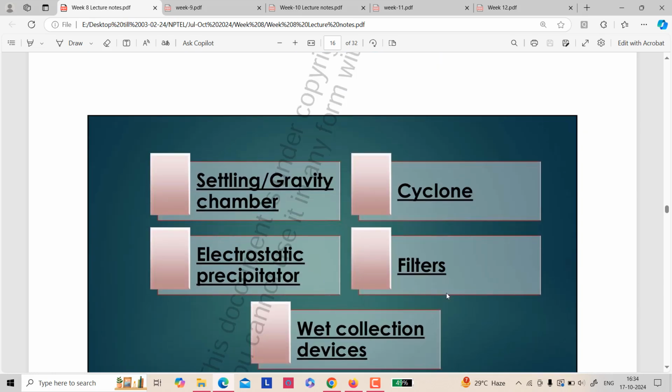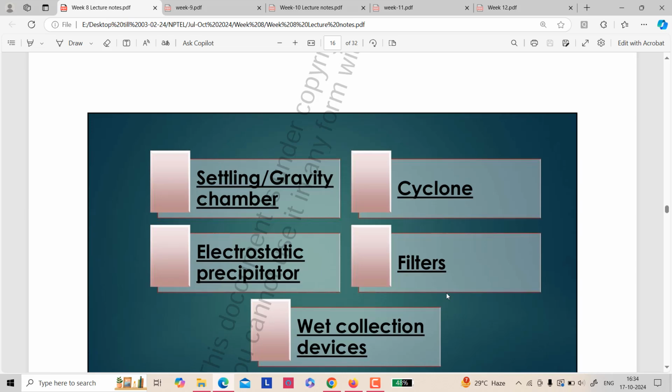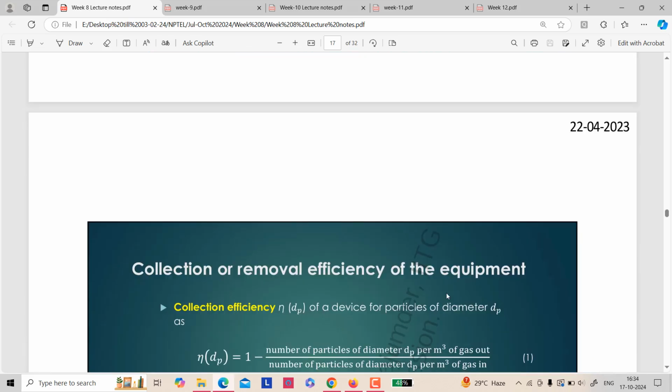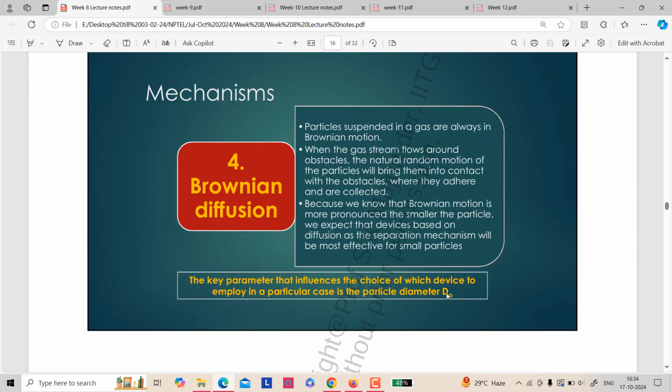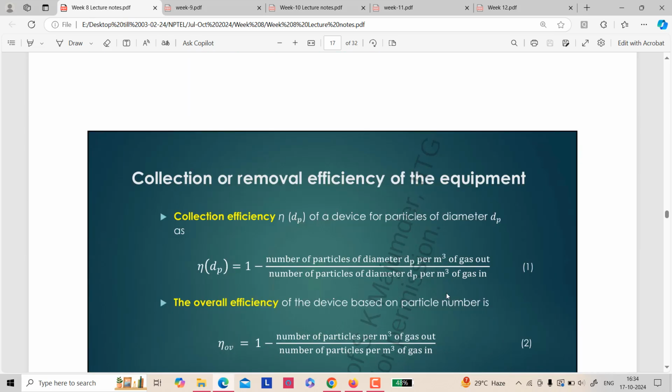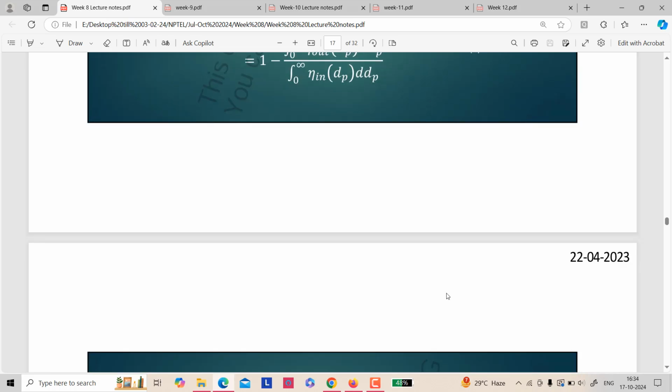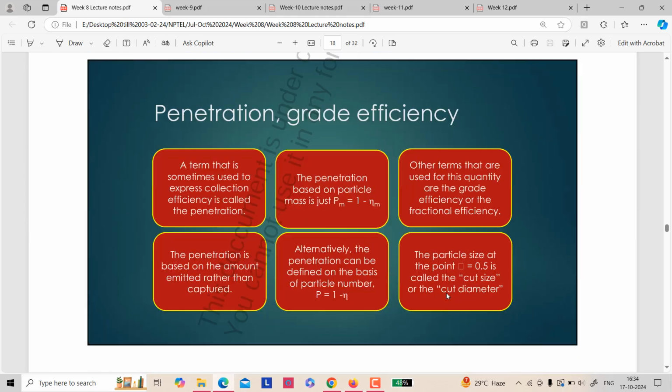So these are some of the main equipments of particle separation. Definition of collection efficiency and overall efficiency. Next is the penetration or grade efficiency of the particles.